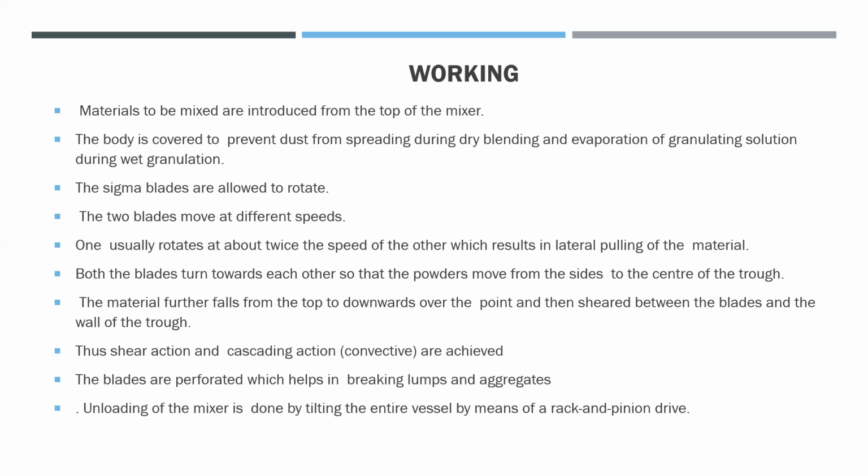One blade will be rotated with the higher speed, the ratio of the speed of the two blades being 1:2. Due to this, lateral pulling of the material occurs, and both blades turn towards each other during this movement.